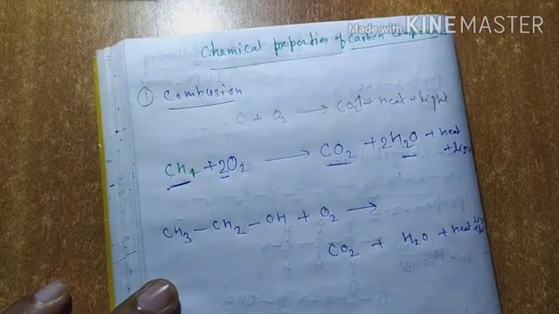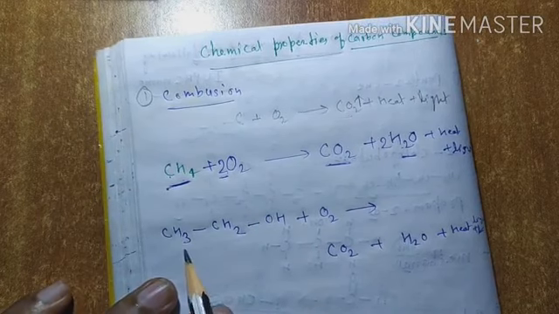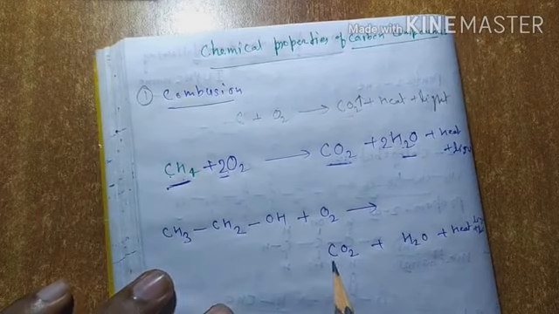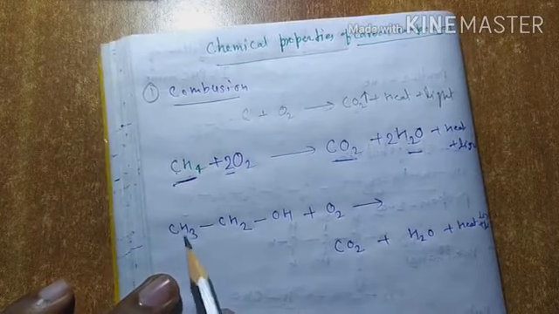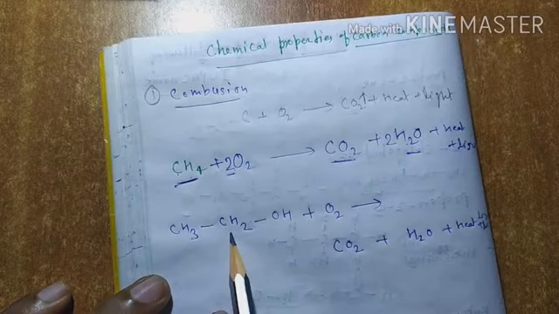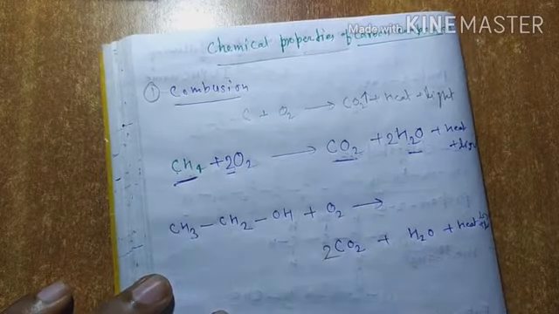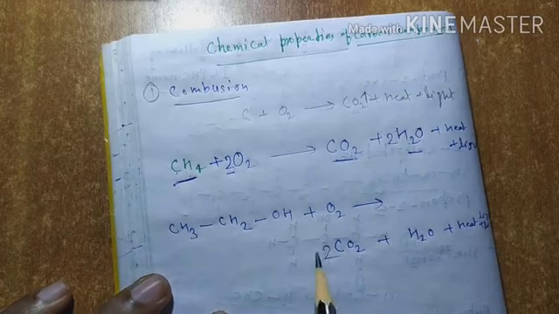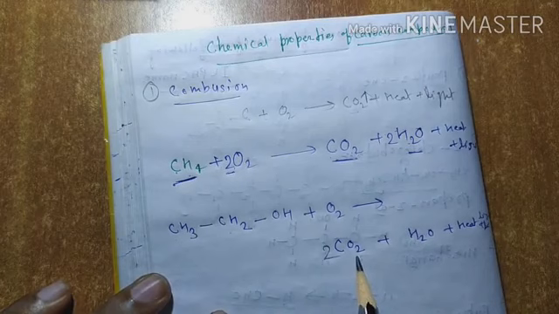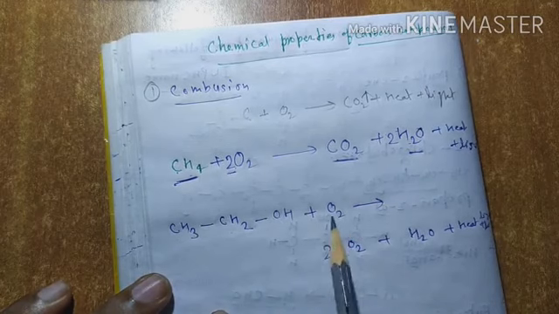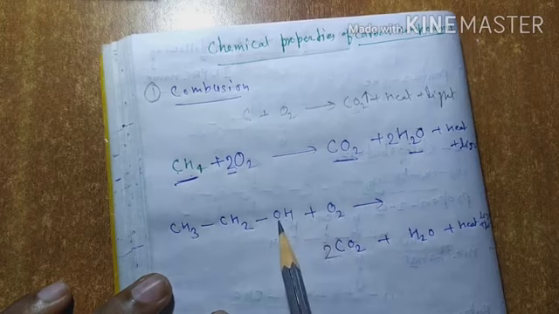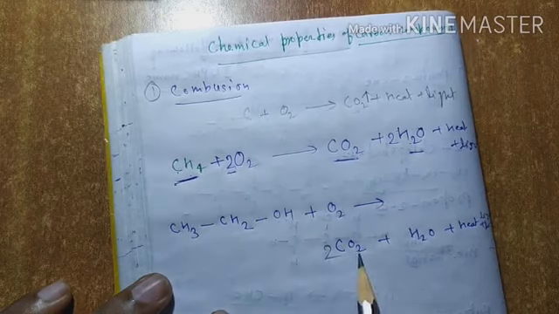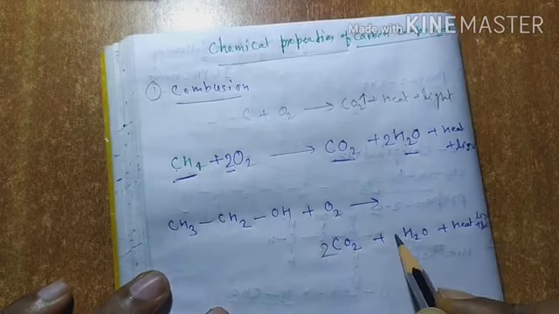Now you have to balance. The number of carbon atoms is 2 on this side, so write simply 2 here. How many oxygen are here? There are 3 oxygen here, but on the other side 2 times 2 is 4, plus 1, which is 5 oxygen.